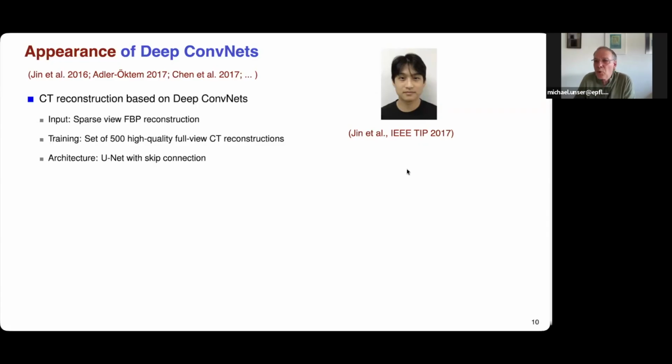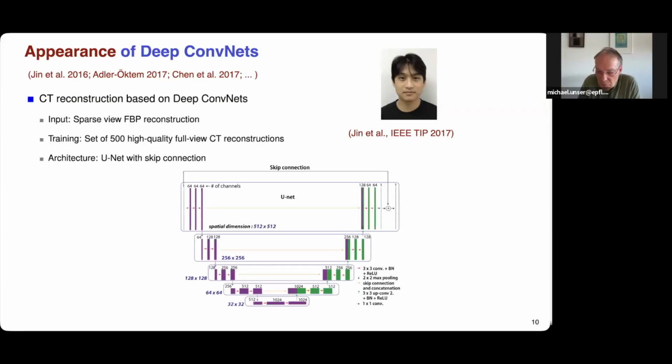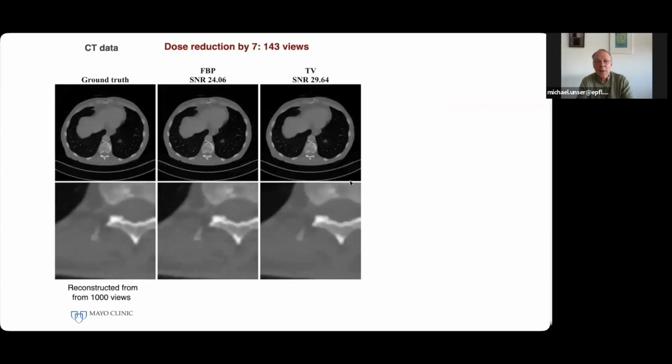We had a postdoc, who's now a professor in Korea, Jin Kyung, who proposed that we use deep neural networks to take a relatively poor reconstruction, let's say a filtered back projection reconstruction in the case of compressed sensing when we have poor data, and we train the neural network to improve the quality of this not so good reconstruction. He proposed doing that with UNet, and he had very nice results.